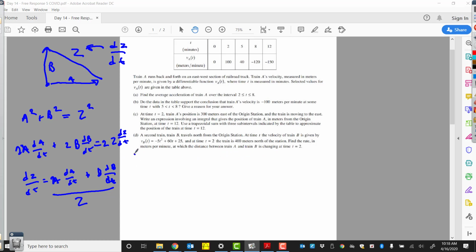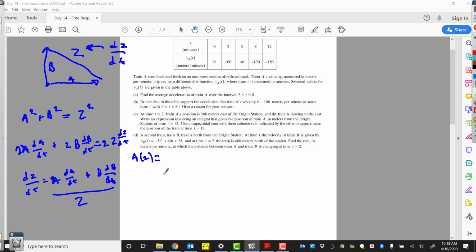So let's go through and see what we need. We need A of 2. Let's see if we can find A of 2. Nope, we're not given A of 2. We might have to solve for that later. Right now, we're not.